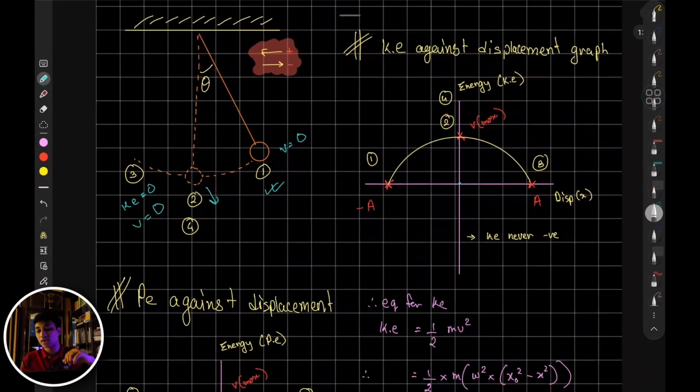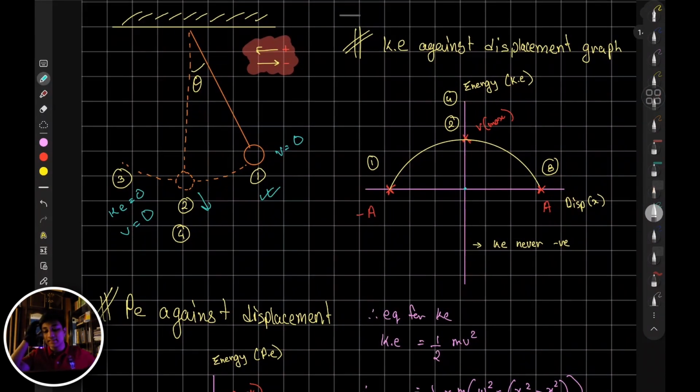So for kinetic energy, what you're getting is this curve, which is actually the curve of minus x squared. If you have access to a graphing calculator, or just go online and search the graph for minus x squared, you're going to see that the shape of the curve is actually like this.